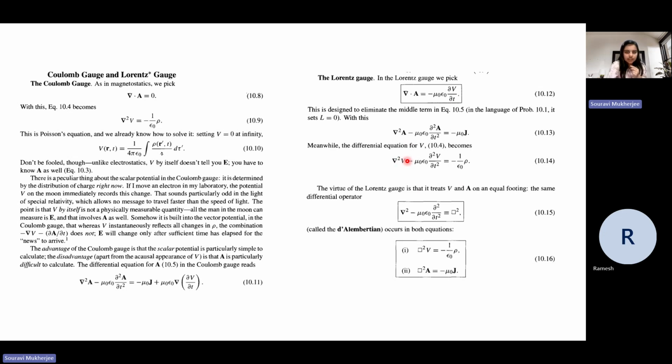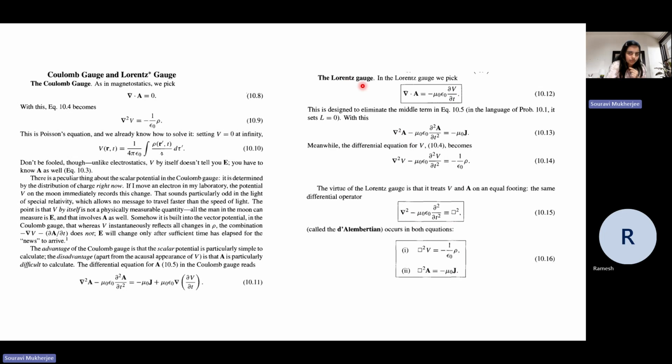Because they take a similar form, you can define a new differential operator like this, which is given as del square minus mu naught epsilon naught del square by del t square. This is called the D'Alembertian operator. So this is your form.